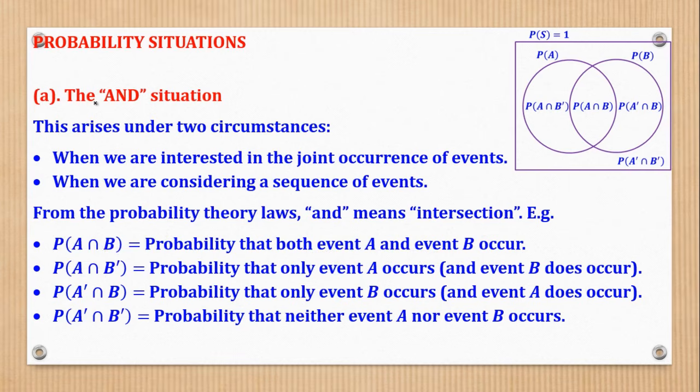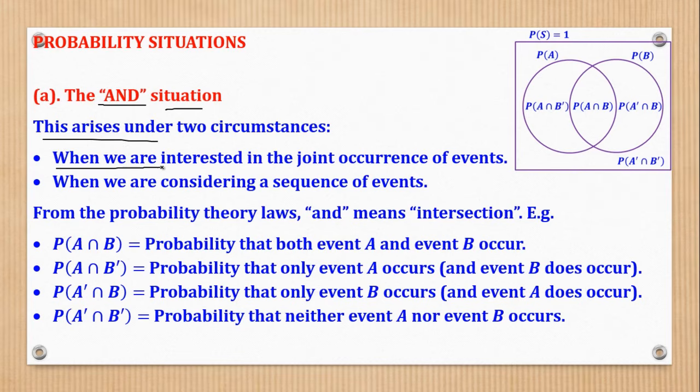So we shall start with what we call the AND situation. There are 2 situations. We have the AND situation, which deals with intersections, and what we call the OR situation, which deals with the union. So we shall look at both of them before we go to worked examples. This arises under 2 circumstances.